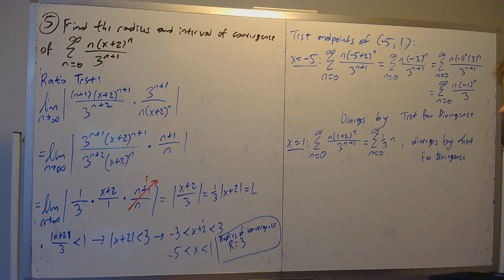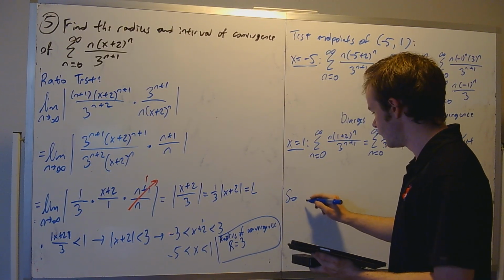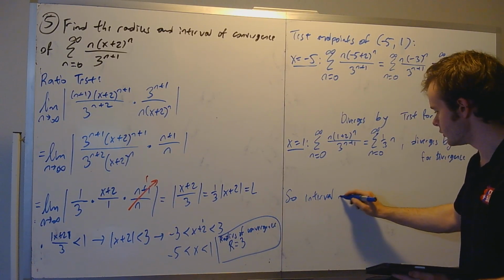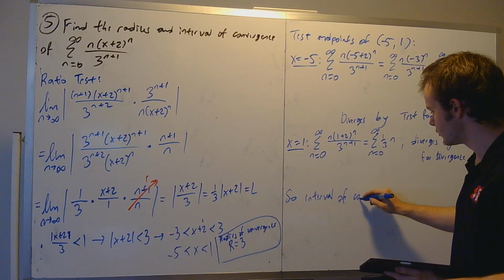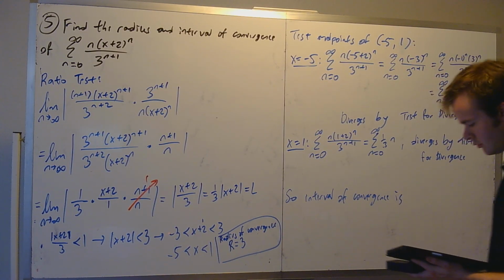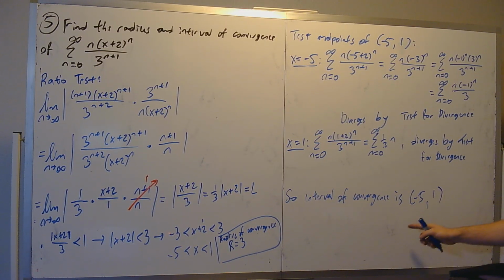So again, this is going to diverge. So our conclusion is that the interval of convergence is the interval from -5 to 1, not including the endpoints. So we're going to use parentheses there.